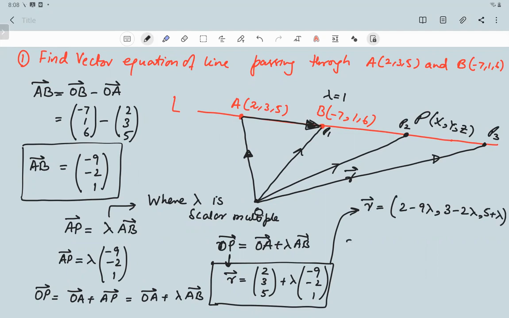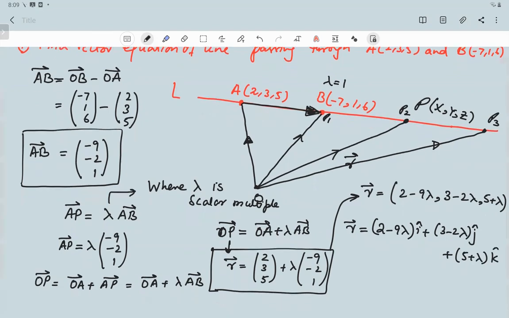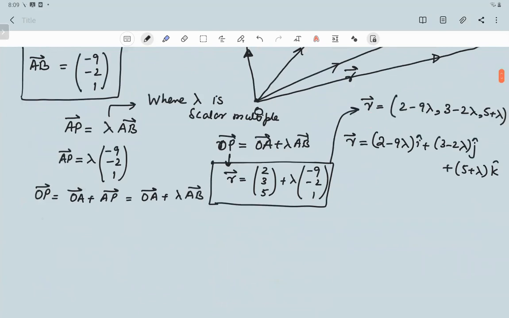We can also write it like this: (2 minus lambda) i plus (3 minus 2 lambda) j plus (5 plus lambda) k. And we can also write it like this: (2 minus lambda, 3 minus 2 lambda, 5 plus lambda).